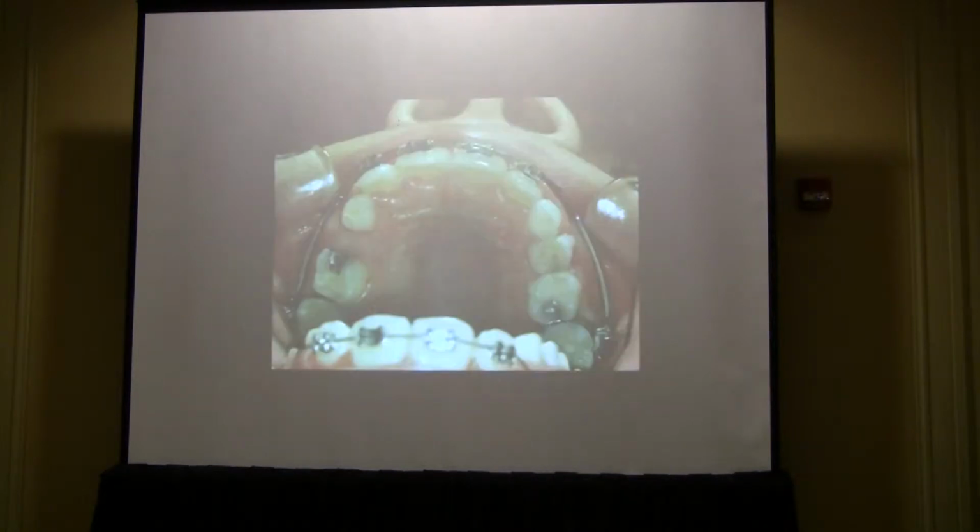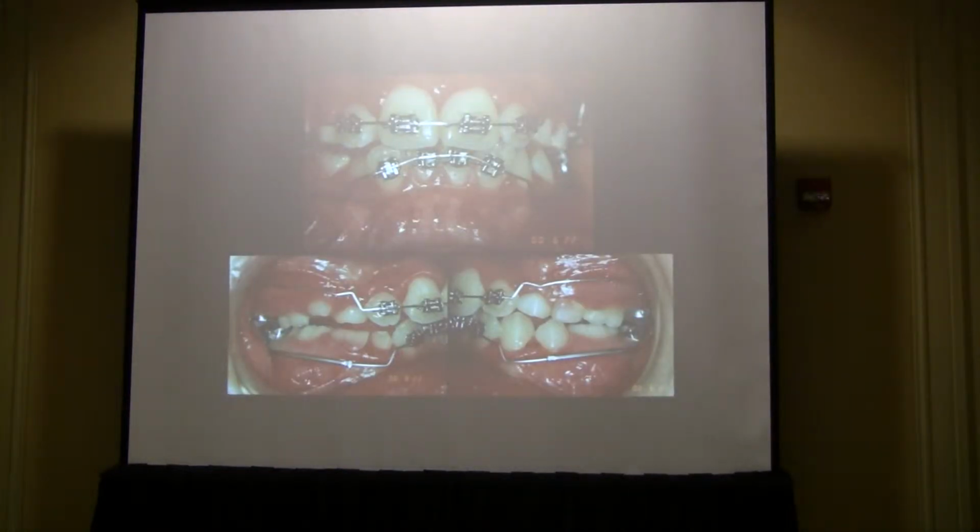And take a look at this new shape, from this square arch to this ovoid or parabolic shape. The same way in the lower arch, and already with the upper 0.018 utility with torque in the upper.